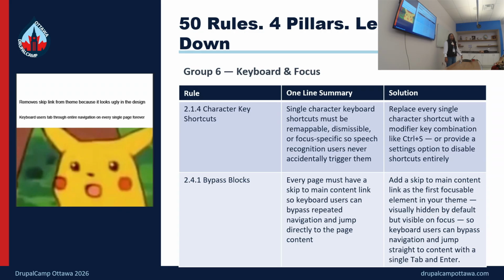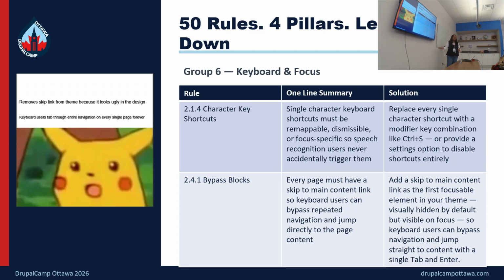Moving on to the next one, that is 2.4.1, bypass blocks. Again, this is another important rule that I see. Every page must have a skip link to the main content so that keyboard users can bypass the repeated blocks, like navigation, search bar, and logo, and jump directly to the main page content. Suppose you are the end user and you have to use the keyboard, not the mouse, and you have to tab to jump to the main content.